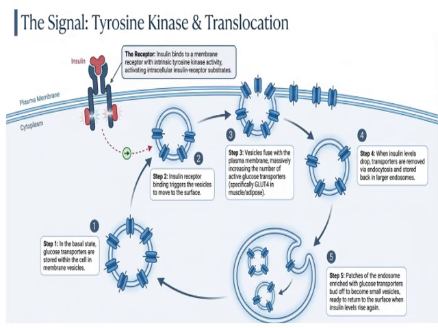This initiates a signal cascade, and this signal tells the cell to move the GLUT4 storage vesicle to the plasma membrane. Once fused, these transporters allow glucose to flood into the cell, and this is how insulin directly lowers blood sugar by moving into the muscle and the fat tissue.